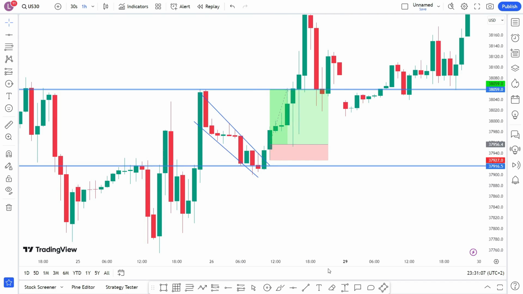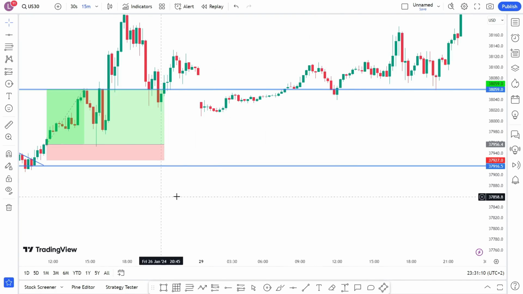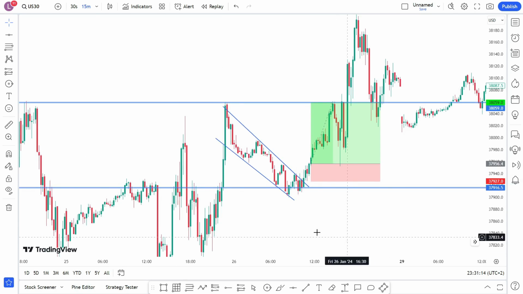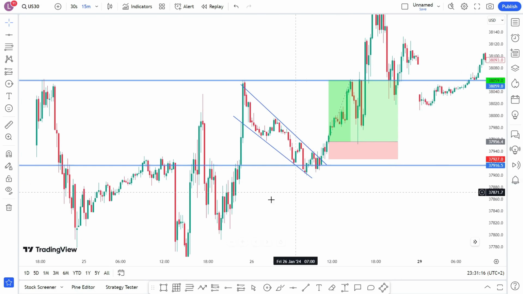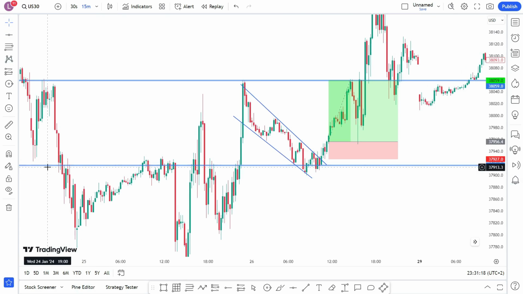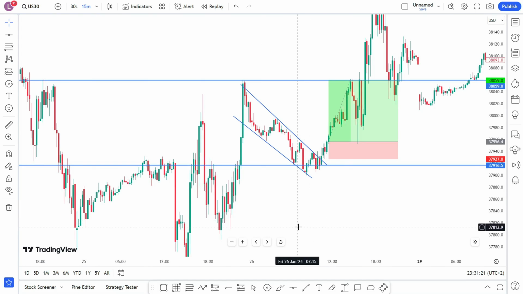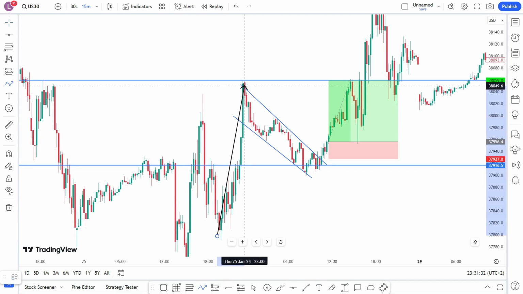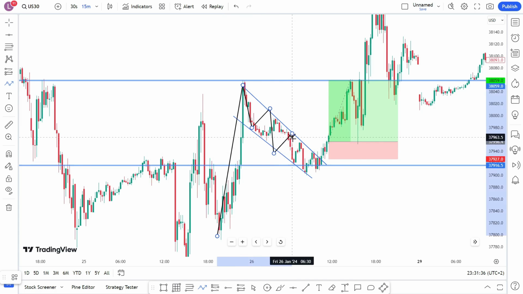So I went to the 15-minute chart, and I usually don't use the 30-minute chart to analyze. With the first concept that I explained, the impulse, correction, impulse, which is the 3 market phases, I could see that the market gave us a push to the upside, and right now it's correcting towards the downside, creating a flag.